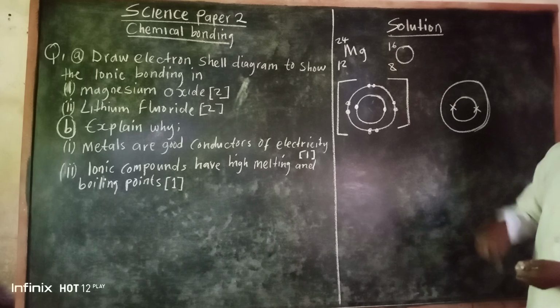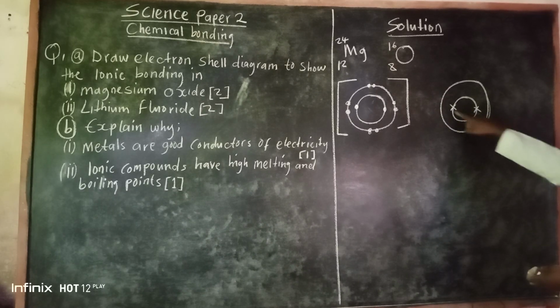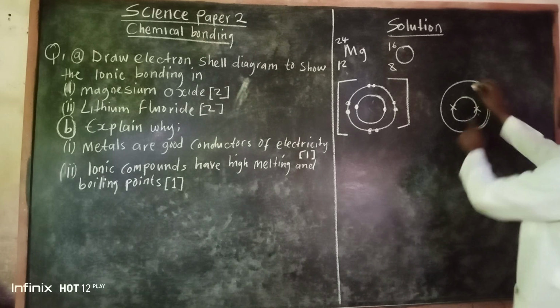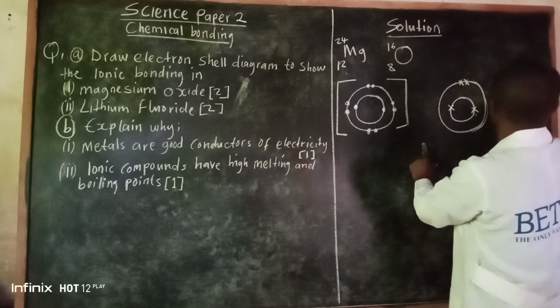From these 8 electrons we subtract 2, and we remain with 6 electrons. So in the second shell, we are going to have 6 electrons.